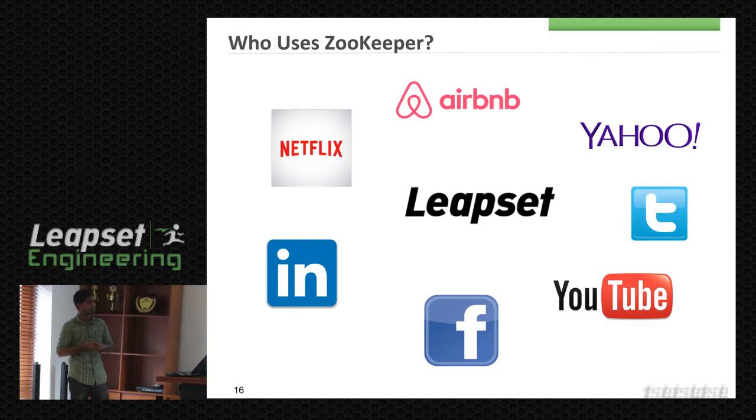You can go in and book or reserve lodges and stuff like that. Facebook not only uses Zookeeper, it actively participates in code commits, fixes and feature releases for Zookeeper. So that's a huge plus for Zookeeper, although it's an Apache project. And of course, Leapset is there.